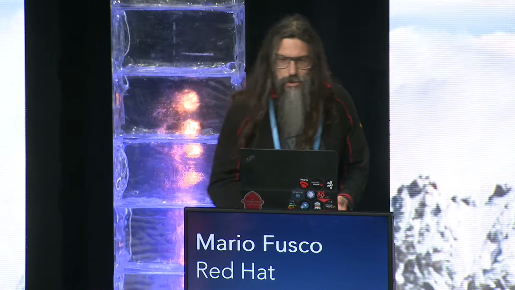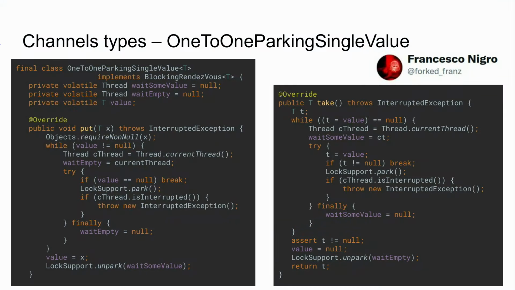Okay? And then my dear friend Francesco Nigro came over, noticing something even more important that I didn't. By the way, I try to have fun on Twitter, but if you are really serious about performance in Java, you probably should follow this guy. Then my dear friend Francesco noticed something even more important.